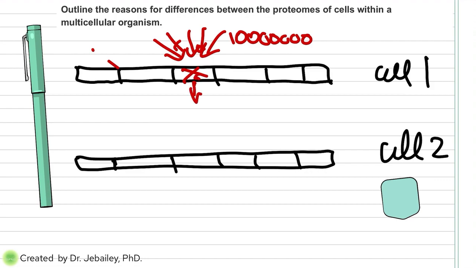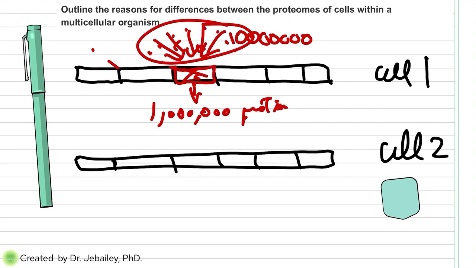Now here's the thing. You have so many different types of stimuli, which means just this gene can create over 1 million different types of protein, depending on its location and depending on what is triggering it.